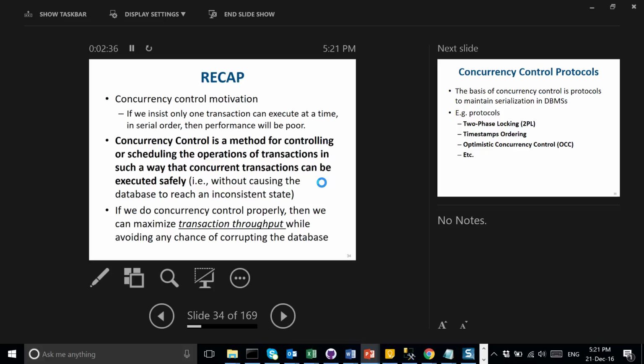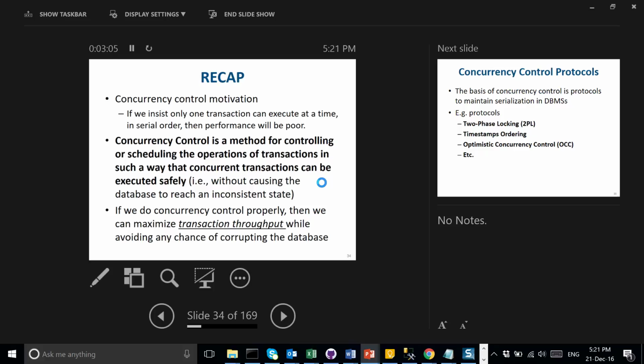It's exactly the same in the database world. We have a shared database, a shared resource, and we want users and applications to concurrently use it. Now, if we don't do anything about it, then definitely this will create inconsistencies. Not like accidents and crashes, but different types of problems.